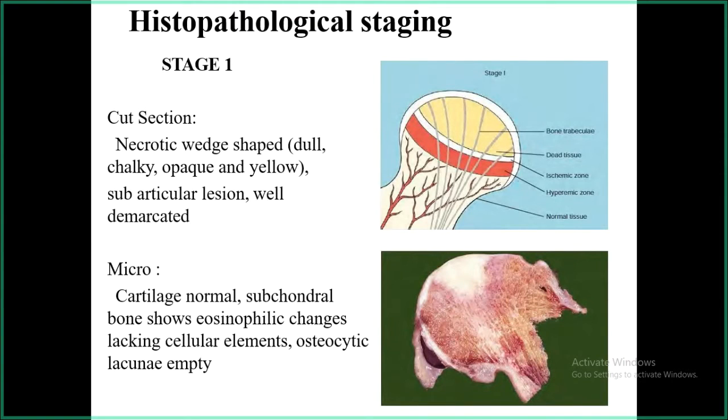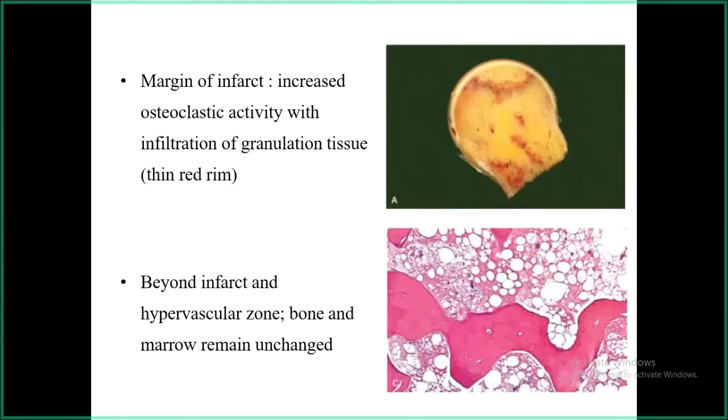Microscopically, you can see normal cartilage, and the subchondral bone shows eosinophilic changes, with loss of cellular elements and empty osteocytic lacunae. The margins of the infarcts show increased osteoclastic activity with infiltration of granulation tissue, which is shown in the picture as a thin red ring. And beyond the infarct and hypervascular zone, bone and marrow remain unchanged.